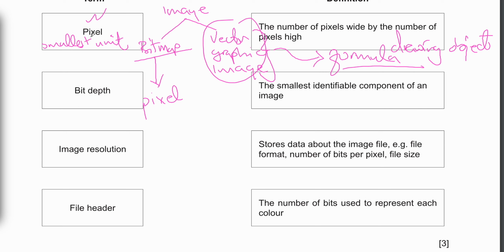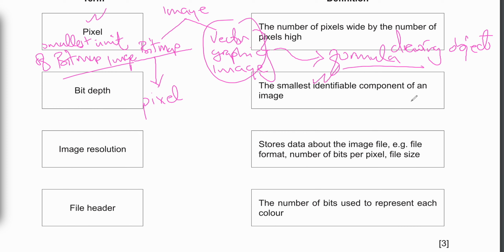So when talking about a pixel, it's the smallest unit of a bitmap image. That's how I love it to be. Always know this part. So in this example, pixel indicates the smallest identifiable component of an image. This is correct for me.